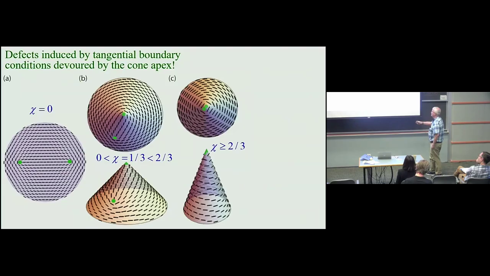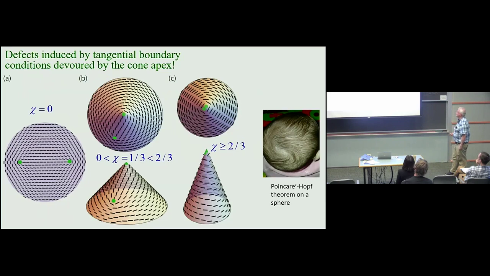The slightest cone will begin to eat, and then all the way up to 2/3, there'll just be one on the flank at a position which we can calculate. And then for chi greater than 2/3, if you remove more than 2/3 of the area in this ground state problem, you will discover that, in fact, it has eaten both.